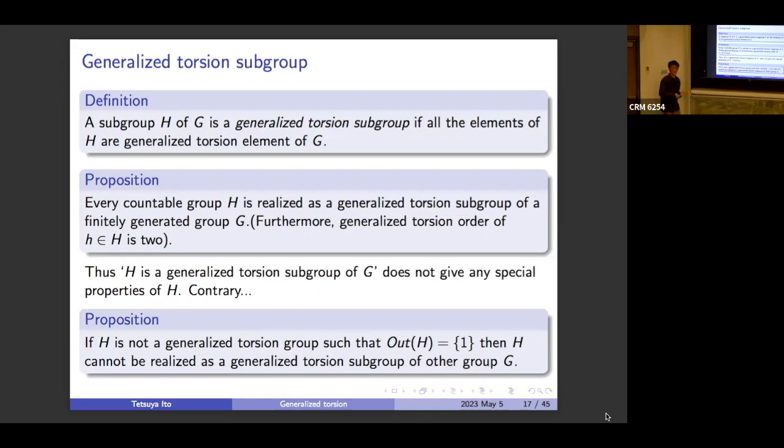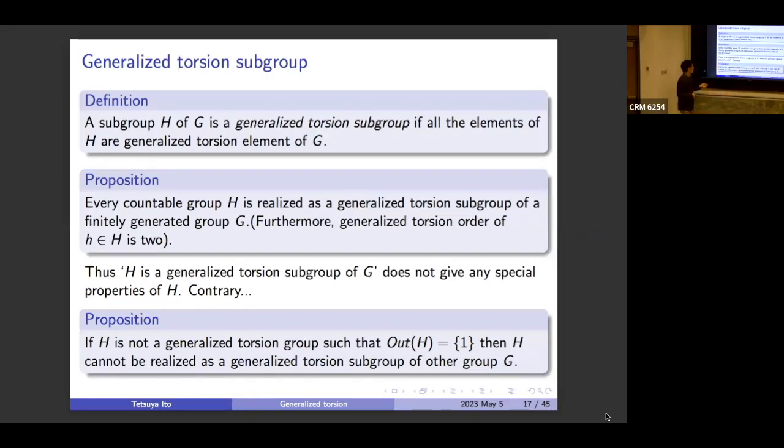This follows from the famous Higman-Neumann-Neumann embedding theorem argument. So H being a generalized torsion subgroup of Z does not give any restriction.